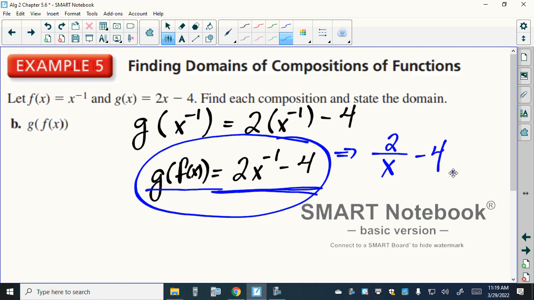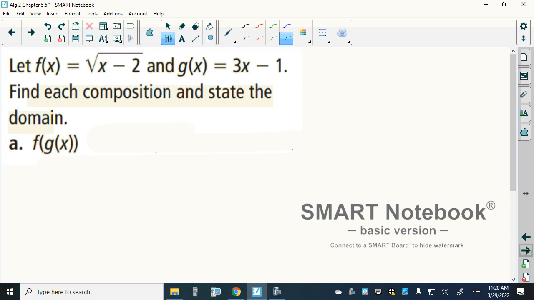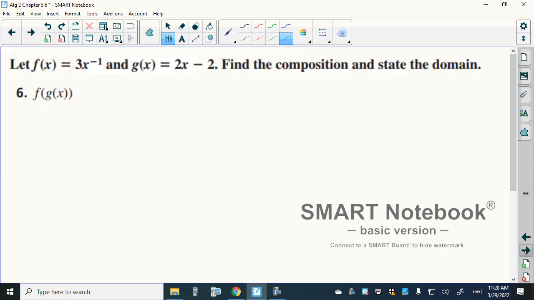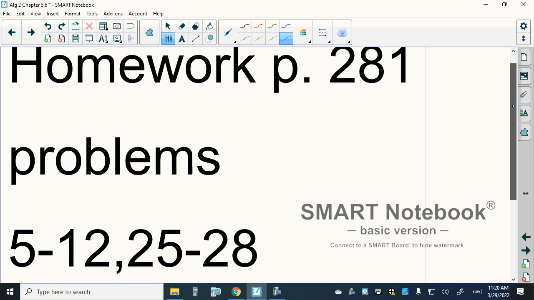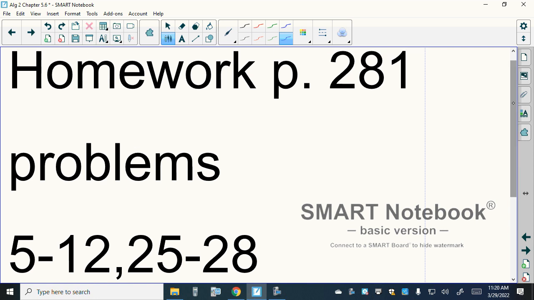But I believe most of the problems are going to be written that way. 17 is f of g of x, just wants 1. 18 is g of f of x, it's just wanting the 1. Then we don't need to write it. But that's all we're going to do for this here.